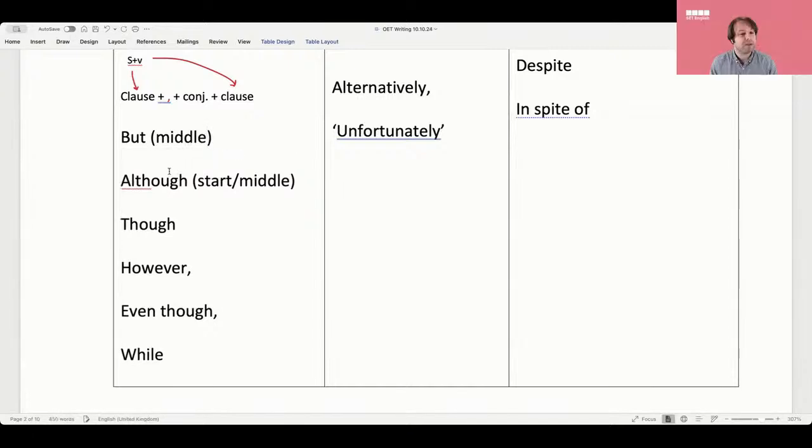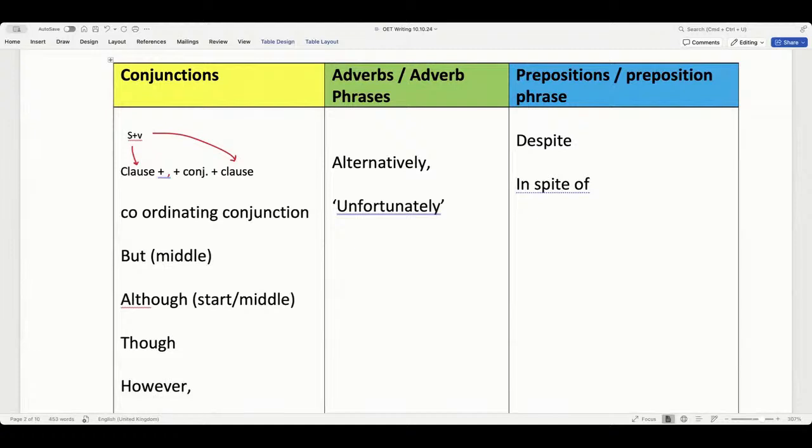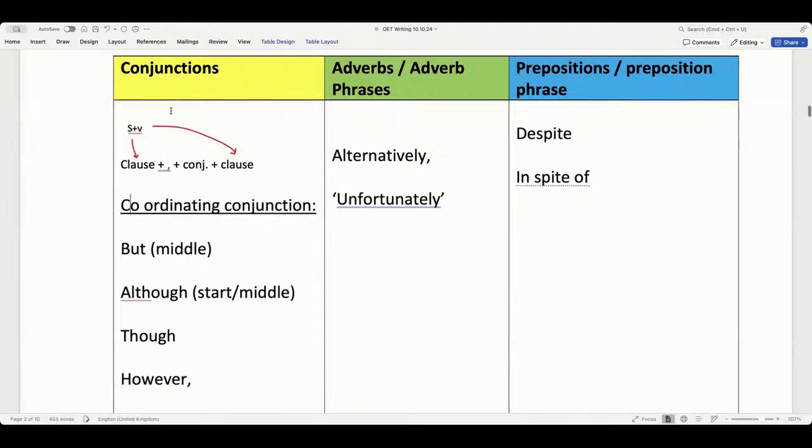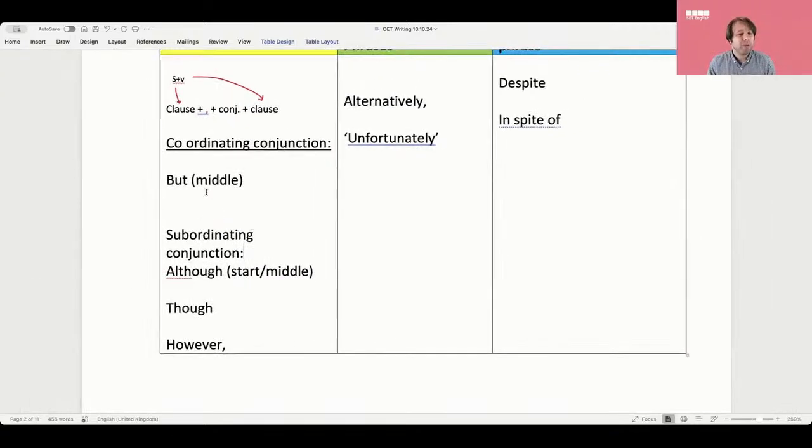Almost. Fareed, I think you know this. Coordinating conjunction is... Subordinating conjunction, in which there is a dependent and independent clause. So we have coordinating and we have subordinating conjunctions.